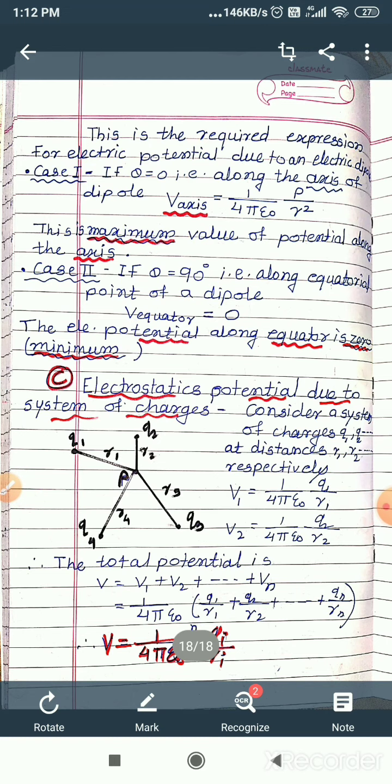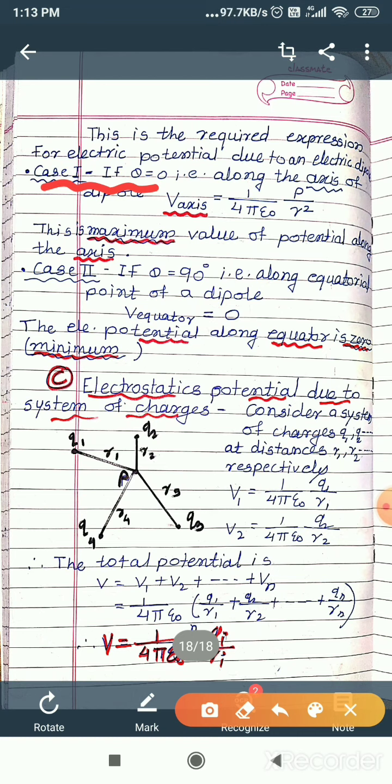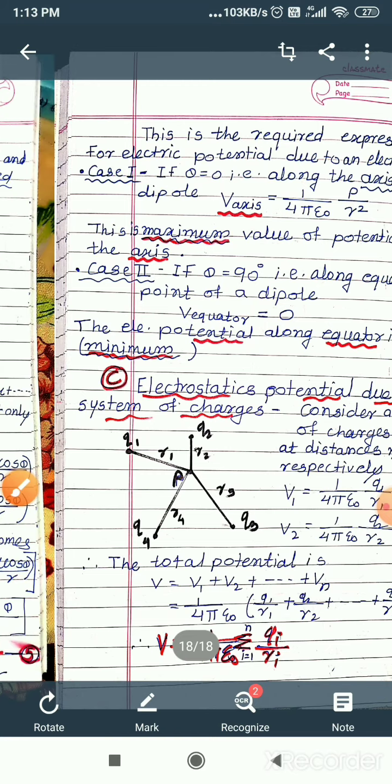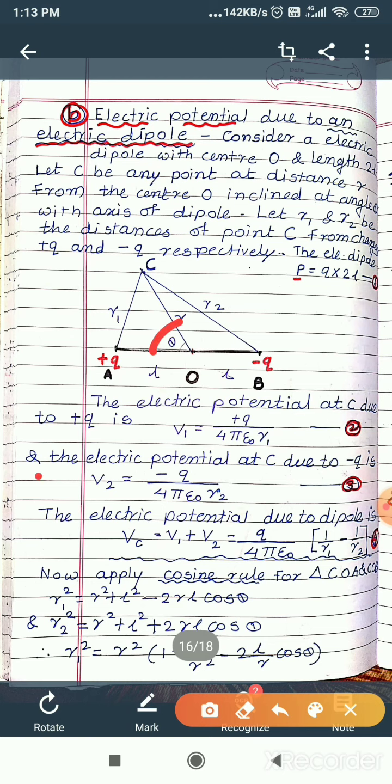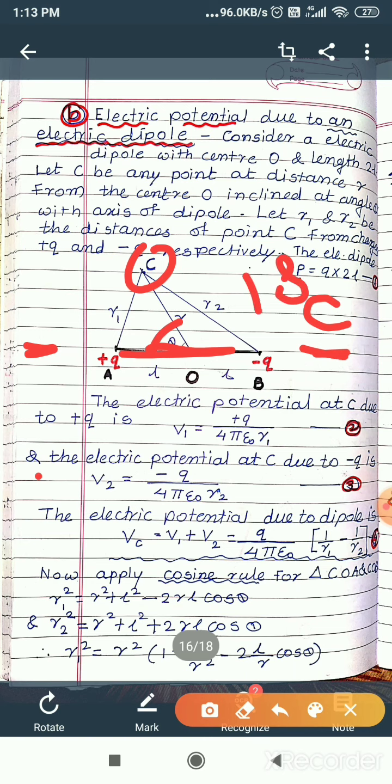Now, if theta is 0, what does that mean? Along the axis of a dipole. What is theta? Observe your diagram. In our diagram, theta is the angle between point C and the axis of the dipole. If this theta is 0, point C may be here or may be here. If point C is here, that angle will be 180 degrees.